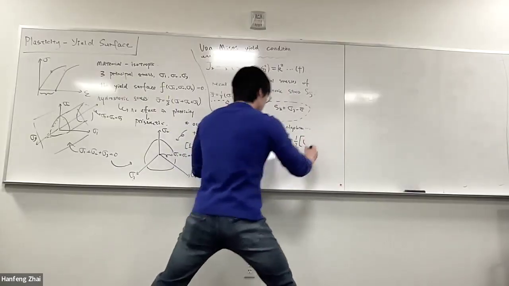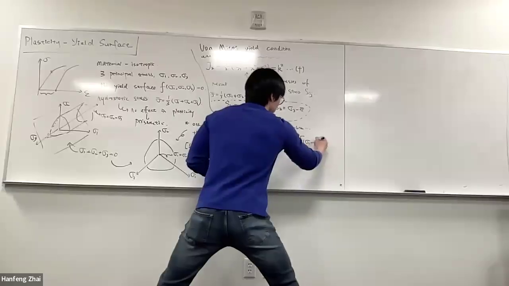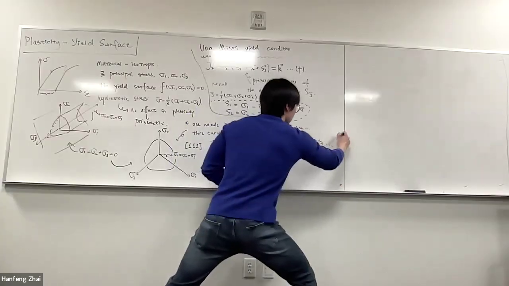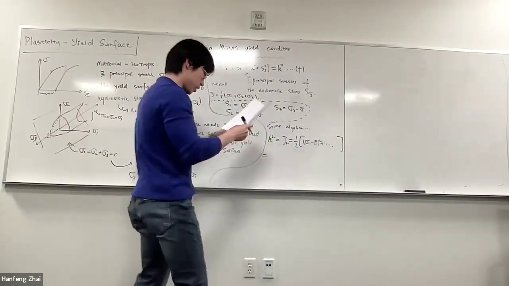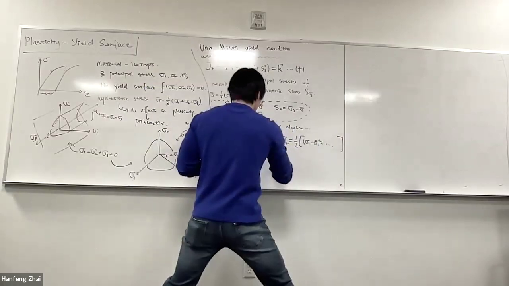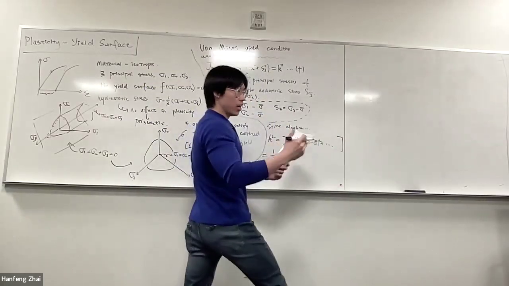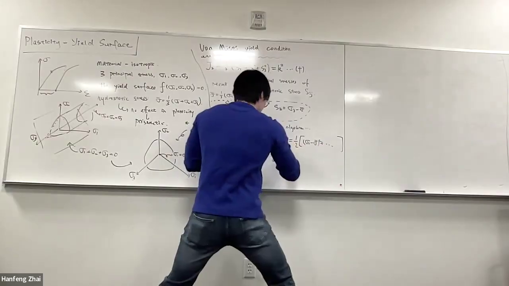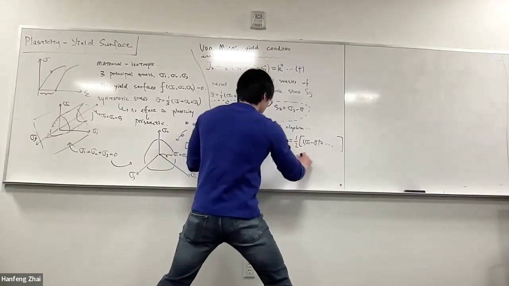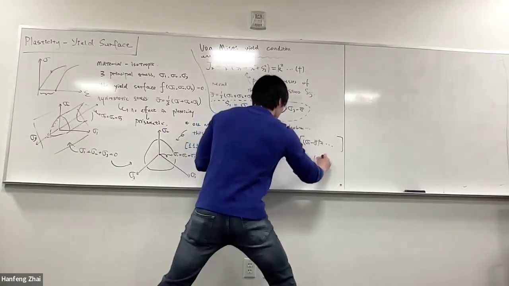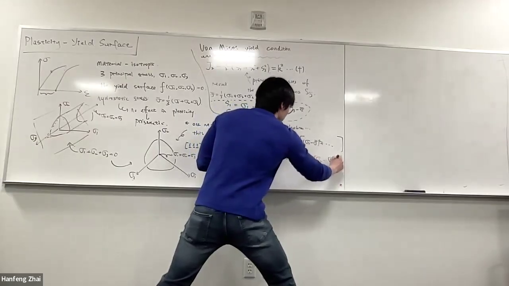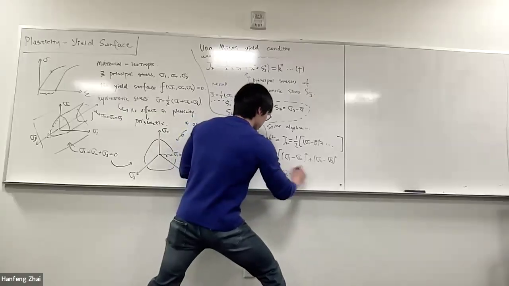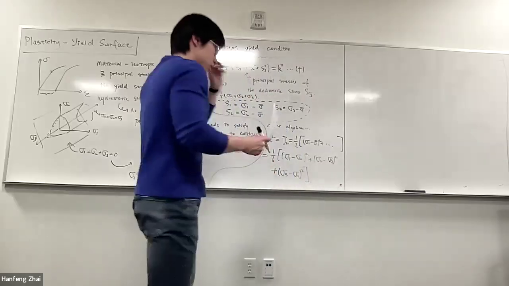So just plug in: sigma 1 minus sigma bar squared plus blah blah blah. Then after the algebra, you get 1/6, and the algebra is in the lecture note, so please refer to it if you want to check it yourself: sigma 1 minus sigma 2 squared plus sigma 2 minus sigma 3 squared plus sigma 3 minus sigma 1 squared. All right, so this is k squared.